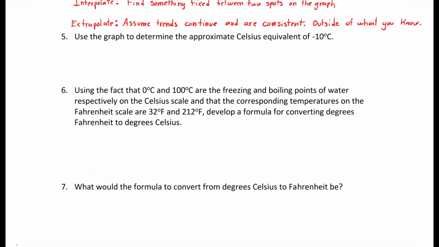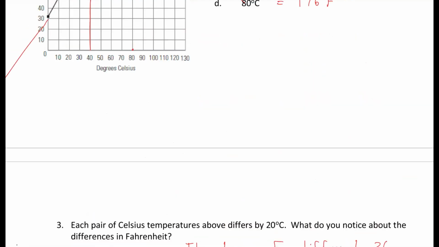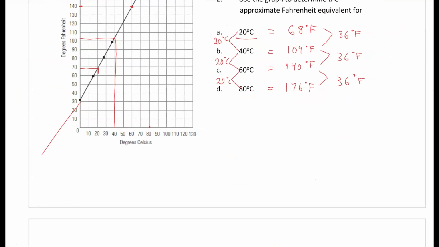So use the graph to determine the approximate Celsius equivalent for -10. If we go back onto this graph, we want to look at where -10 is going to be. We want to approximate that it's going to be about there on the graph, if we think that this line is going to extend straight down.